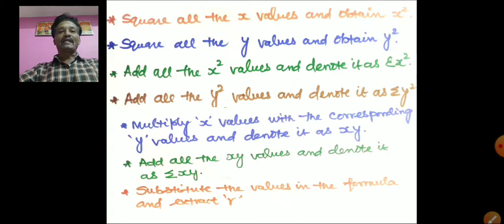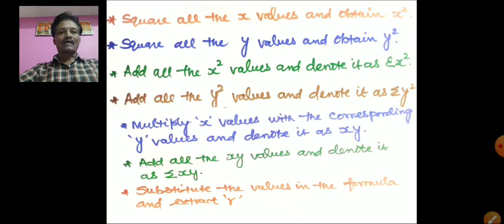Then we add all the x square values and denote it as sigma small x square, and add all the small y square values and denote it as sigma small y square, right?